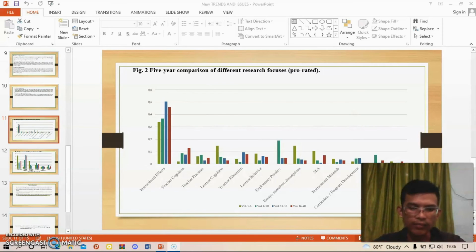Instructional effects take a bigger proportion than other research focuses. Then the other research focuses in this graphic take a small portion.